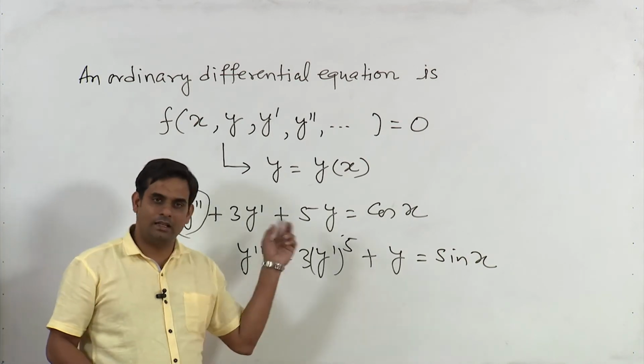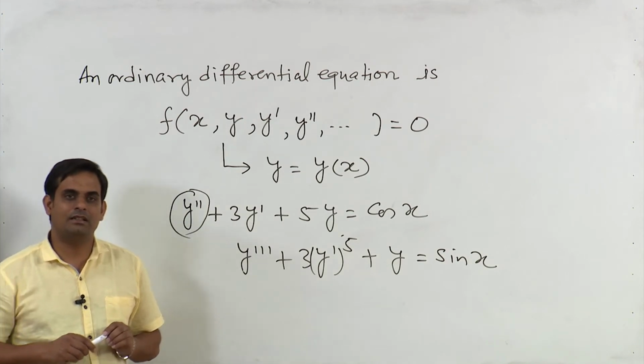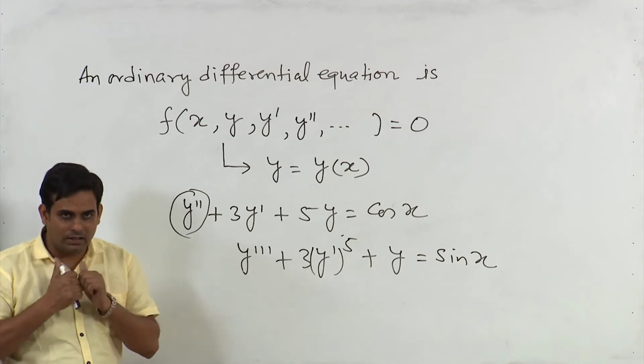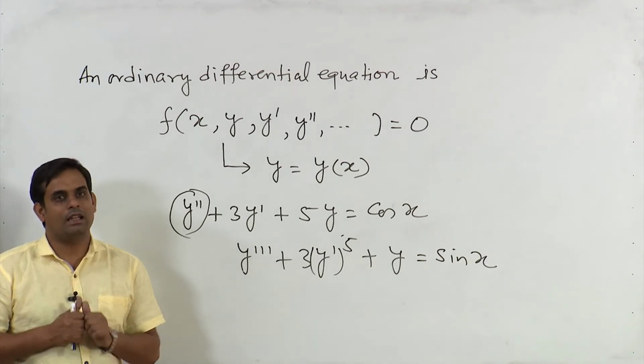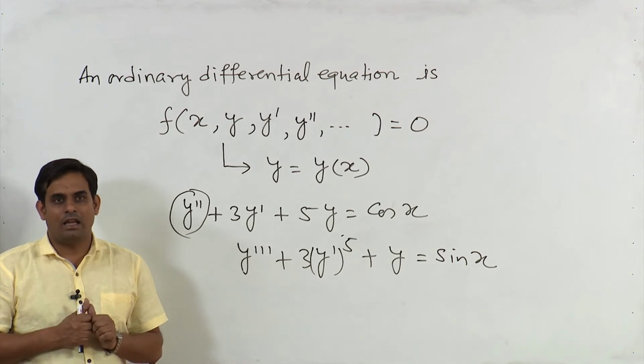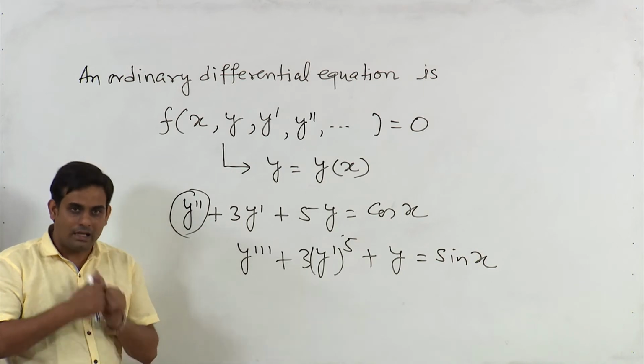The other thing is degree. The degree of a differential equation is the power of the highest order term in the equation, provided the equation should not have any radical sign.